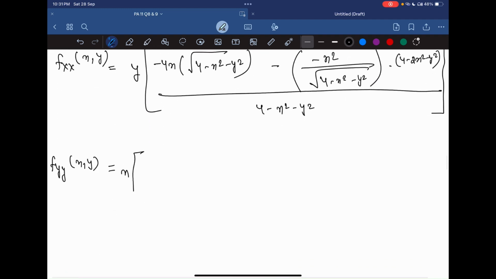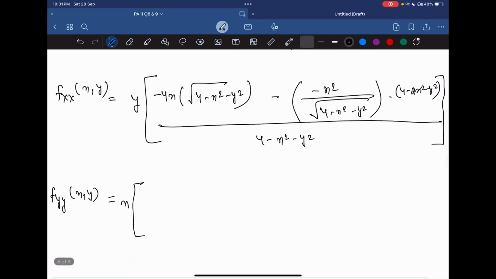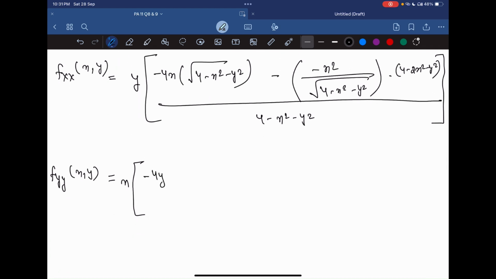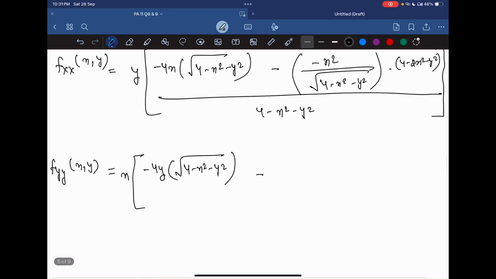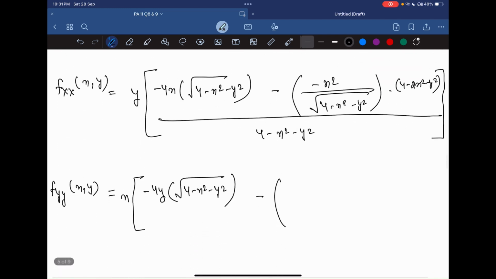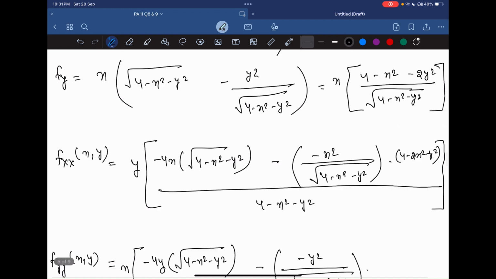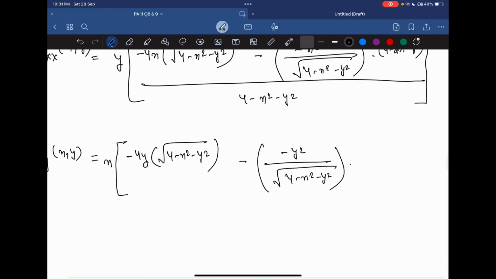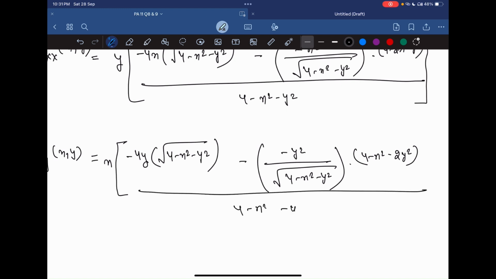It would be x times minus 4y minus y square divided by, into 4 minus x square minus 2y square, and this whole thing divided by 4 minus x square minus y square.